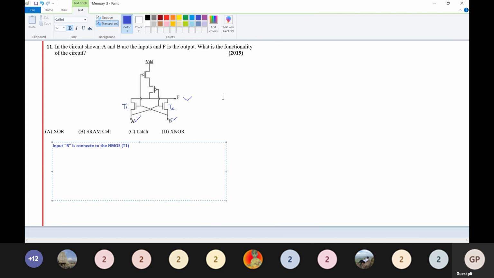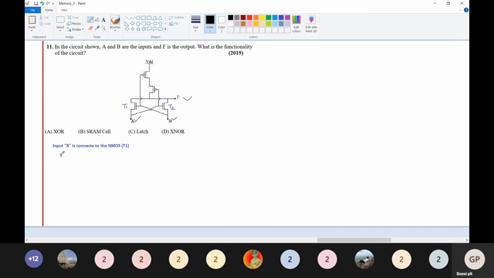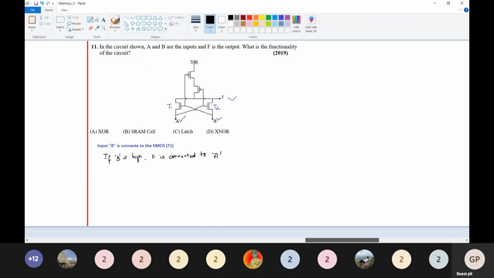If B is high, your output F is connected to A. We have already discussed this in the previous column.